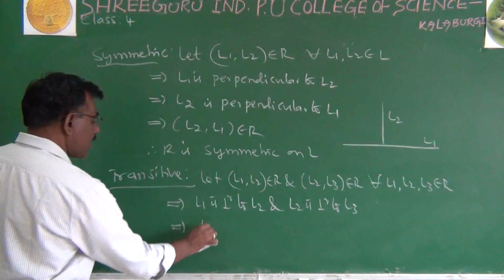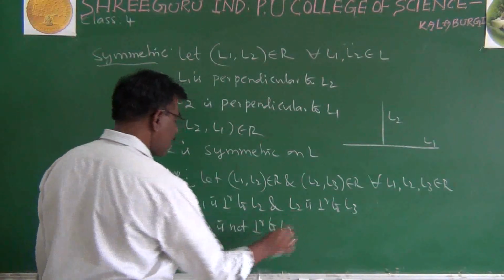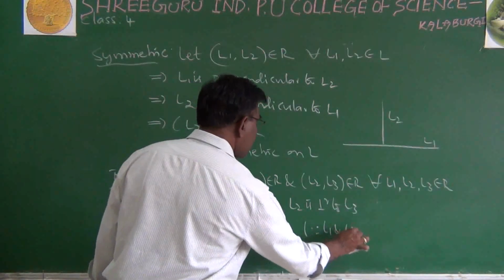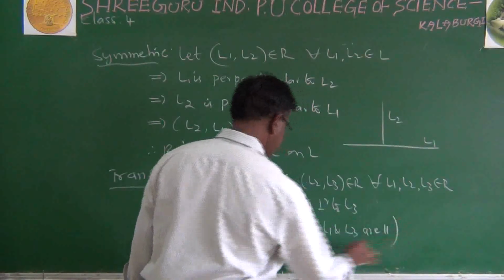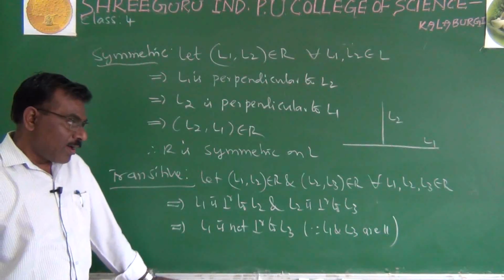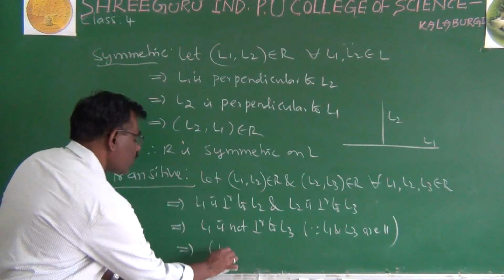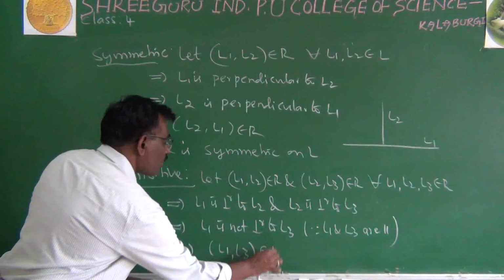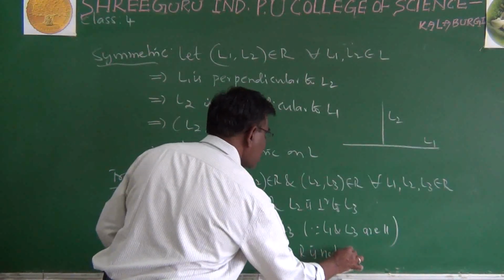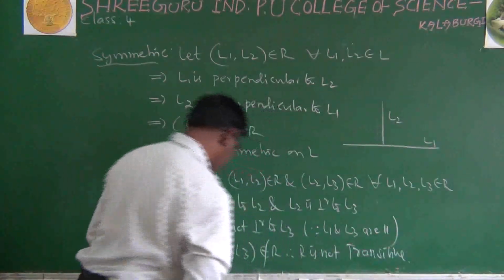It implies L1 is not perpendicular to L3, because L1 and L3 are parallel only. It implies (L1, L3) does not belong to R. Therefore, R is not transitive.